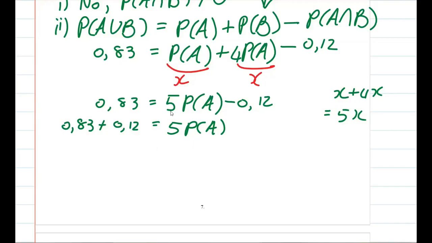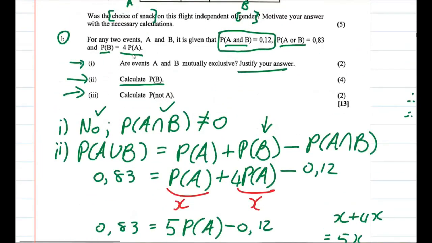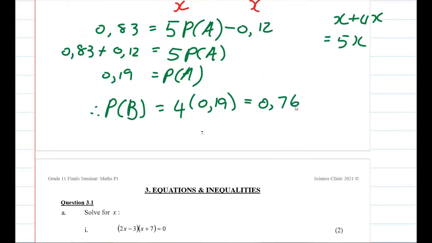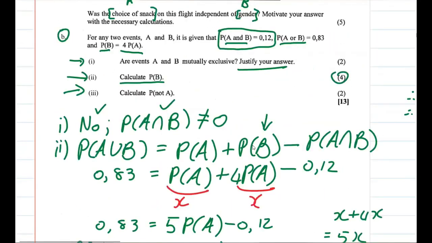What do you get? 0.19. Now, because we know what the probability of A is, and we know that the probability of B is 4 times that probability of A, which is 0.19, what does that make the probability of B? 0.76. Great. That's 4 marks.